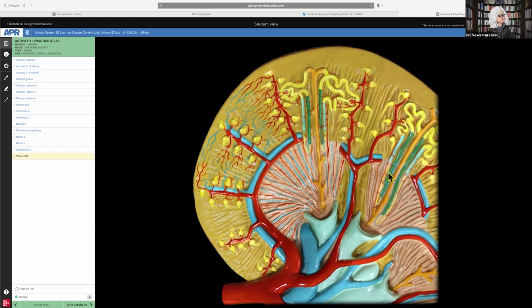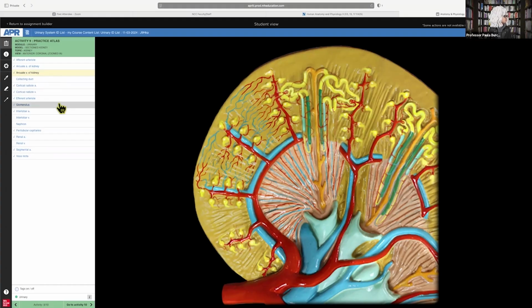The vasa recta also come off of the efferent arteriole, and both the vasa recta and the paratubular capillaries are going to empty into those cortical radiate veins. The cortical radiate veins then will flow into arcuate veins, which again go along the base of the pyramids.